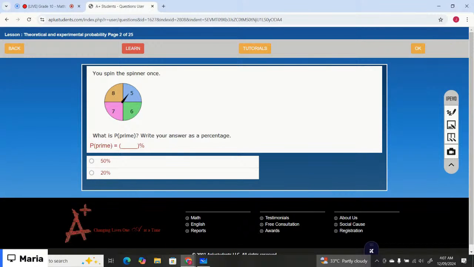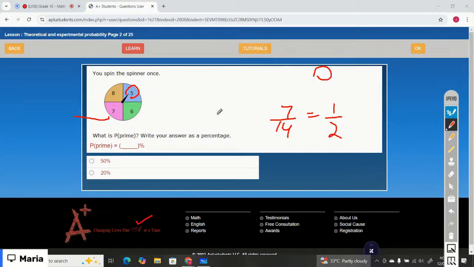You spin the spinner once. What is the probability of prime? You have to calculate the probability of prime, right? You have two prime numbers here, 5 and 7. So that means 2 out of 4 are prime. You need to calculate the percentage, so divide them and multiply by 100. So that is 50%.